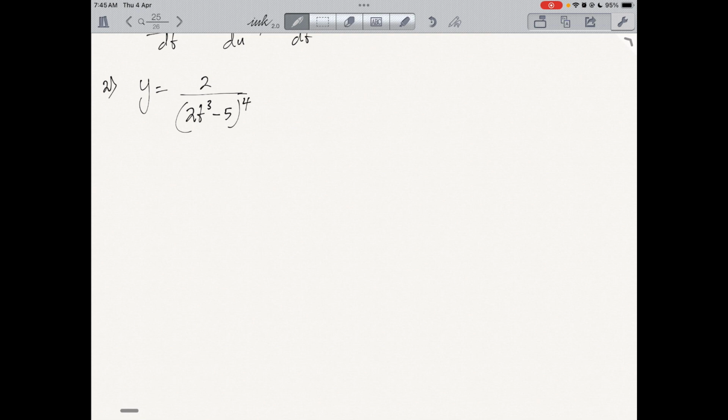In the law of indices, we know that when we have 1 divided by x raised to power n, it is equal to x raised to power minus n. Okay, so this can be rewritten as 2 times 2t cubed minus 5 raised to power minus 4.